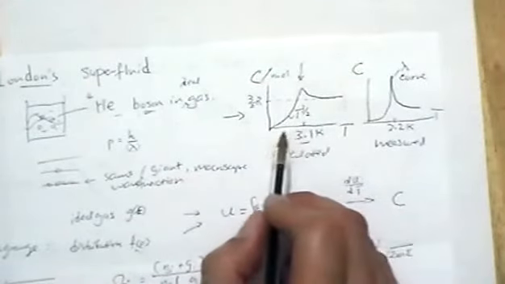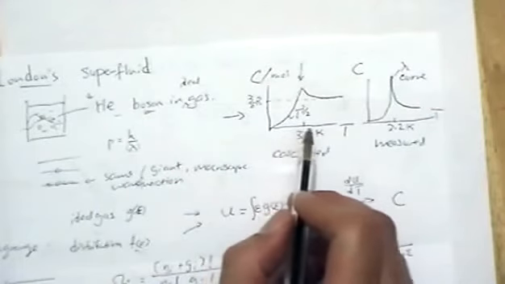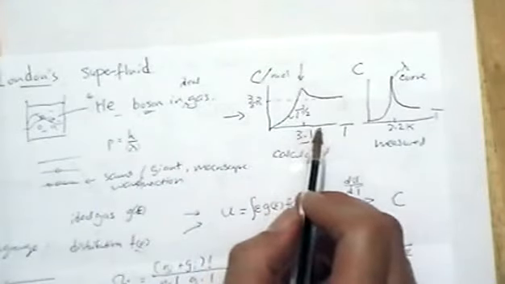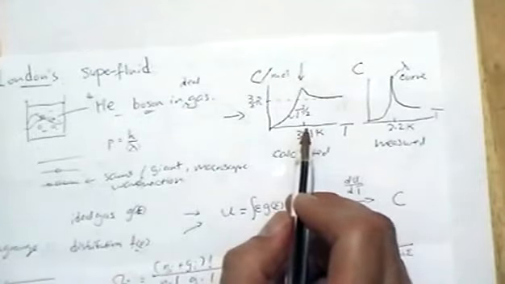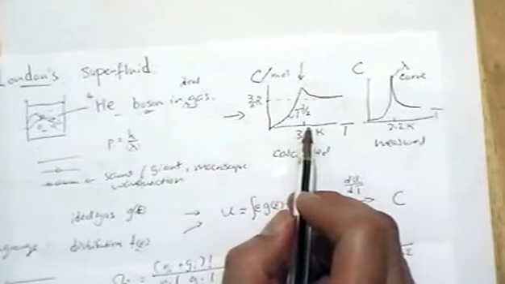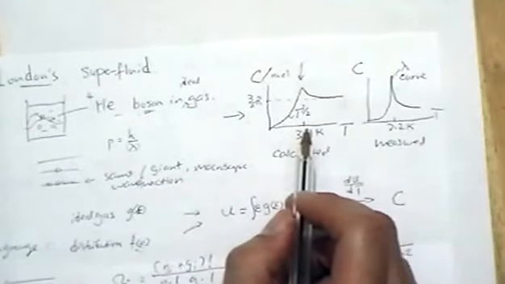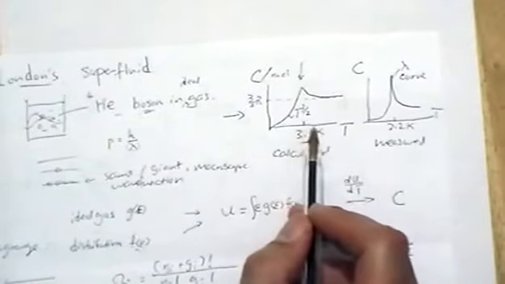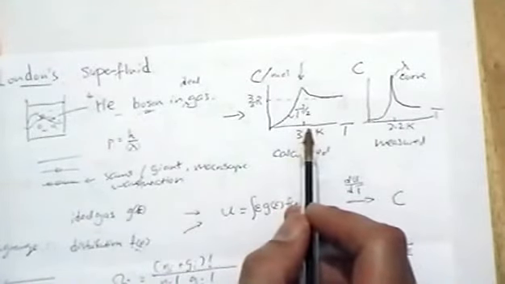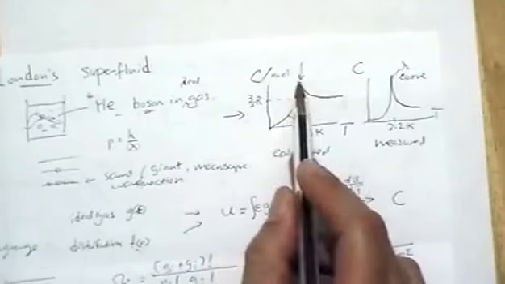But if you think about increasing the temperature, then when the temperature increases above the condensation temperature, all the particles would have come out of the ground state and become excited. So there's no longer this reserve of particles in the ground state that keeps coming out as you warm it up along this curve.